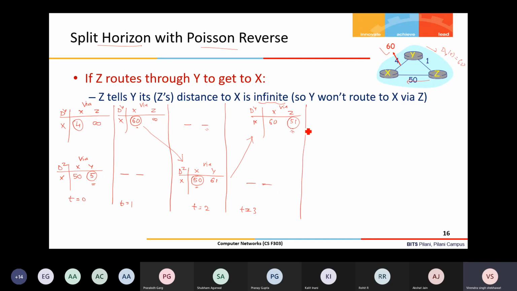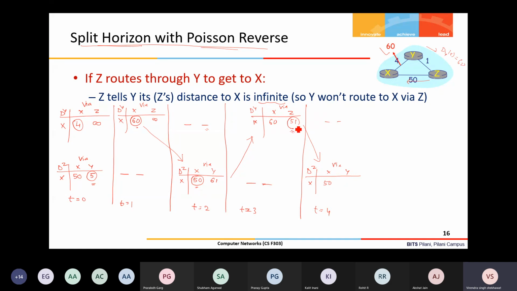Because its least cost has changed, y will advertise to z in the next timestamp that its least cost has changed. Direct cost here is 50. Now, according to split horizon and poisoned reverse, will y tell the correct value or the poisoned value?